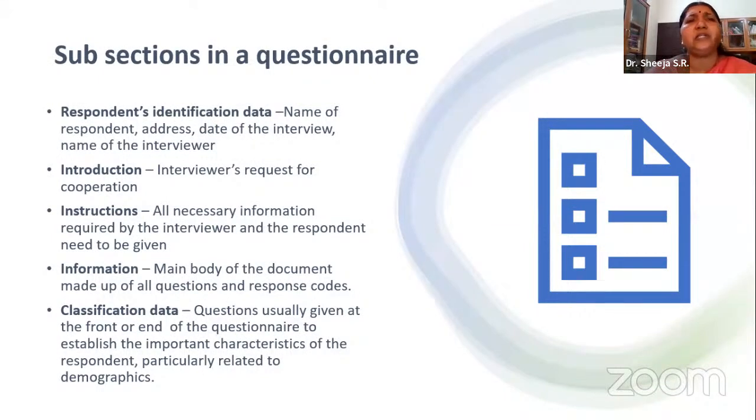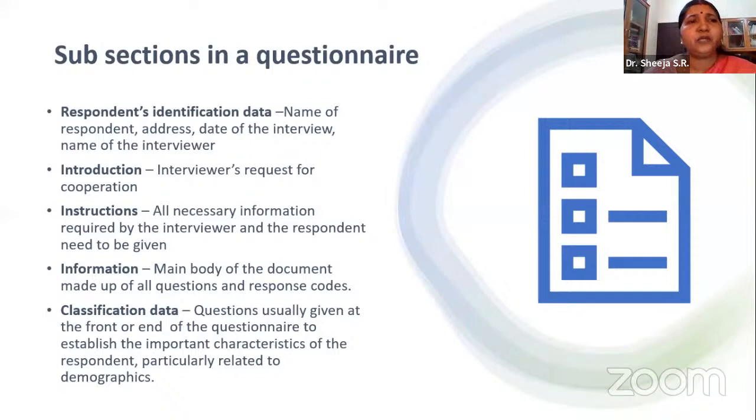It's not essential in all inquiries. However, particularly in the case of very large inquiries, if the number of respondents is very large, then this section will be useful, because in the respondent's identification data, you can write down the name or address or date of interview or name of the interviewer.